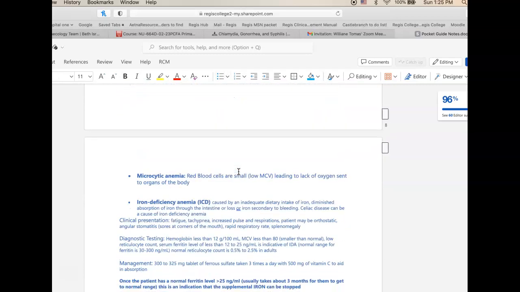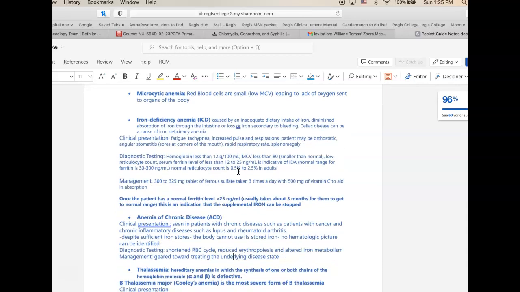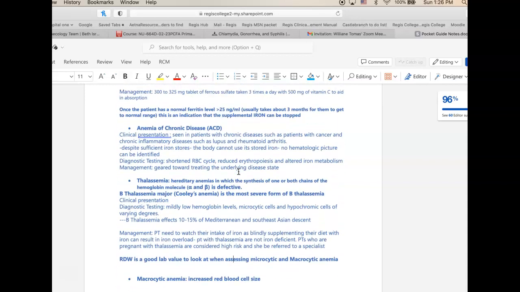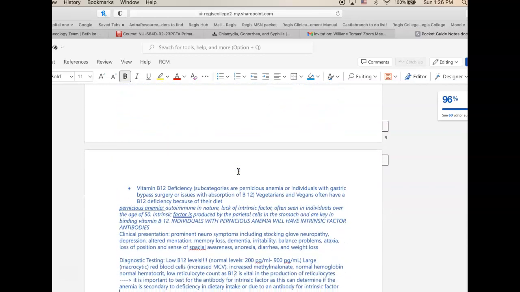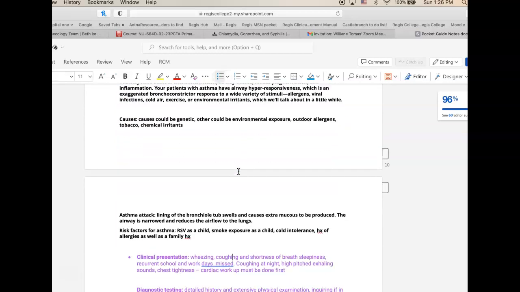And then we move on to anemia. We have microcytic anemia and macrocytic anemia, iron deficiency anemia, treatment, when to stop treatment, when to resume treatment, thalassemia, information, diagnostic criteria, and then we move on to week 3, which was asthma.